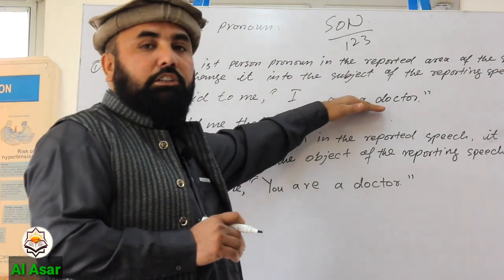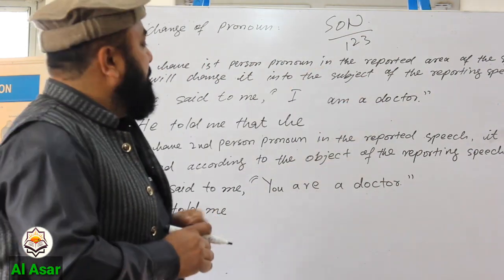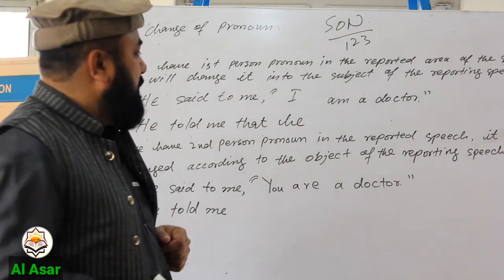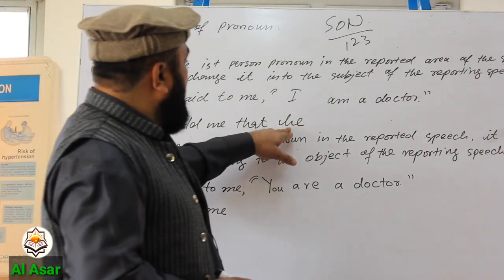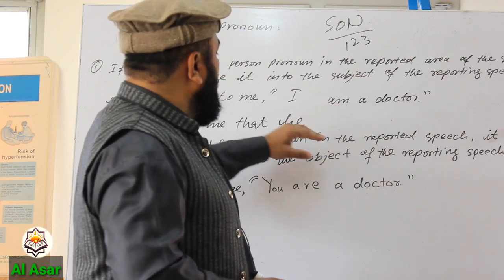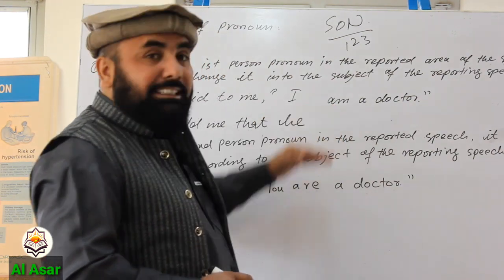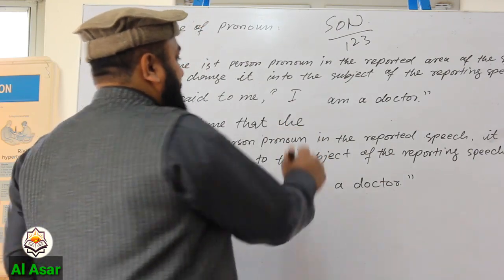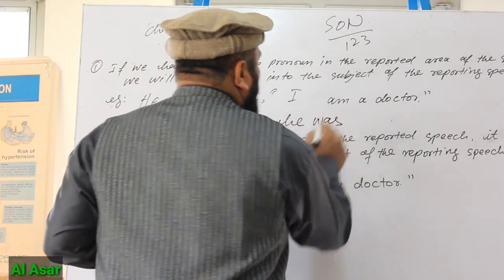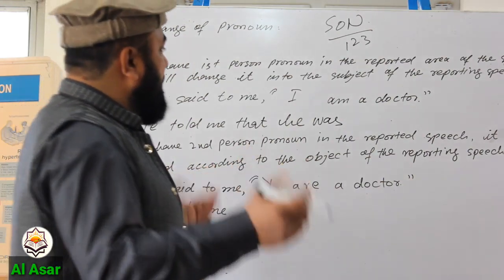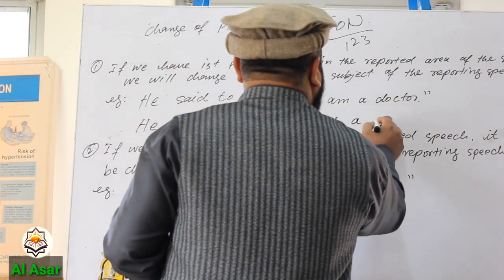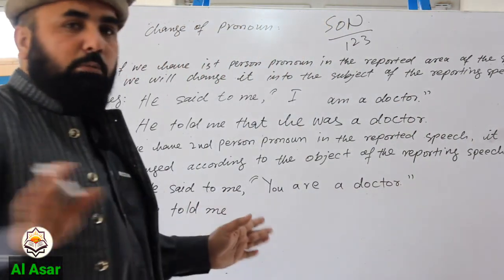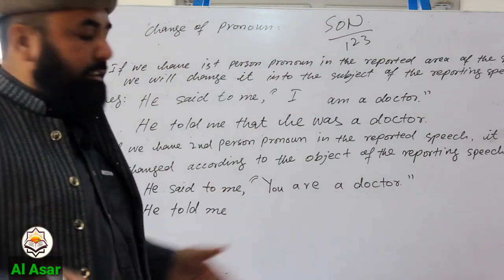Therefore, we will change the tense of this portion. How to change it? I will tell you. Now look, he will be followed by an auxiliary verb in the past indefinite, was. It will become was. And the rest of the sentence will remain the same. Look, no commas, no inverted commas.